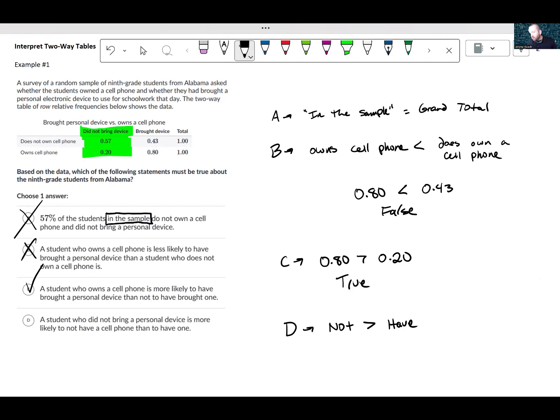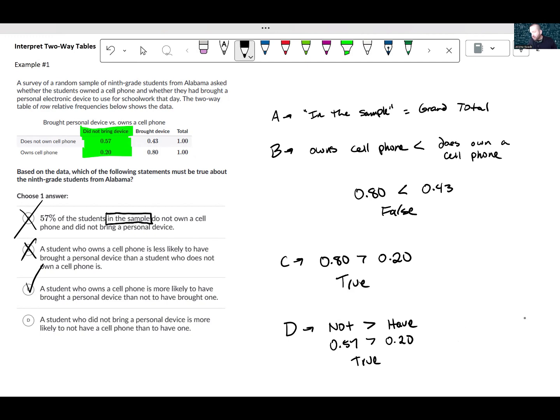So 0.57 greater than 0.20. That's true. That's a true statement.